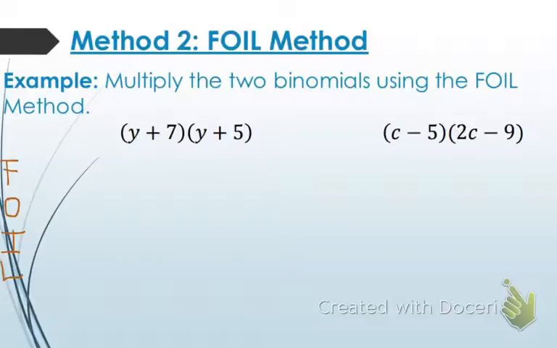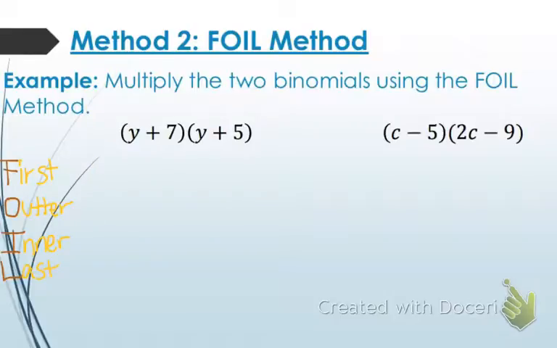Okay, so the F here stands for first, the O stands for outer, the I stands for inner, and the L stands for last. Okay, so we're going to multiply these two binomials using this specific order.